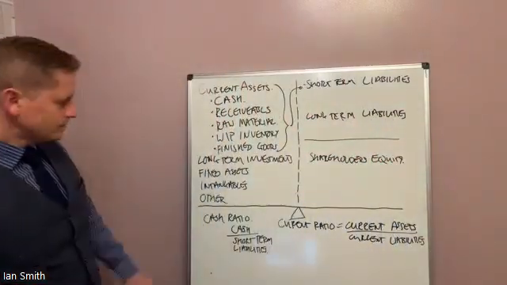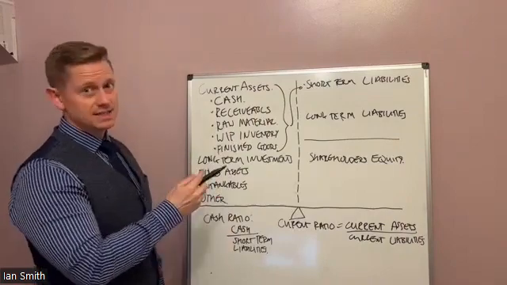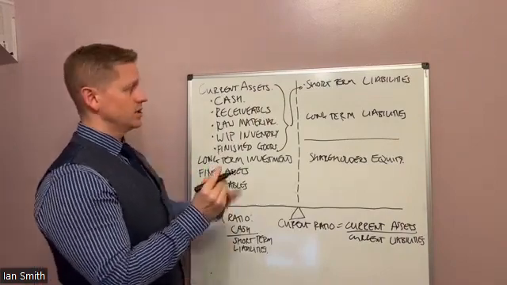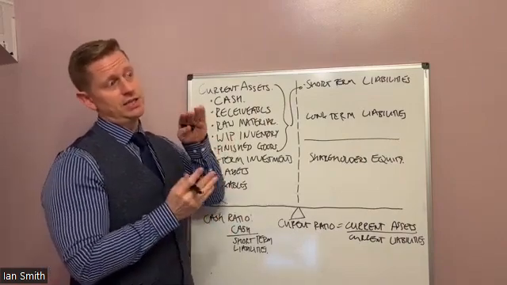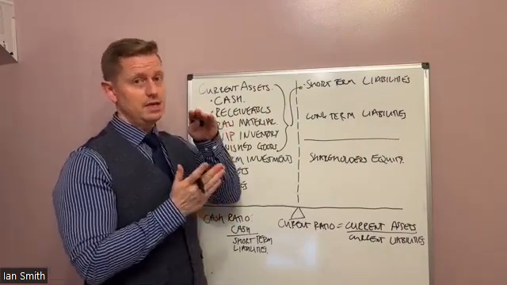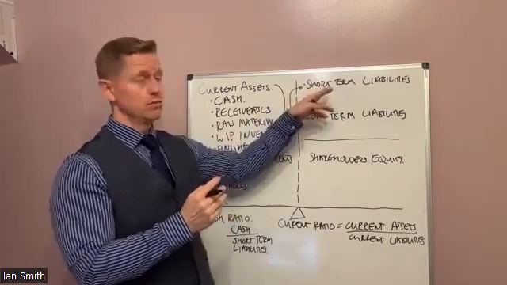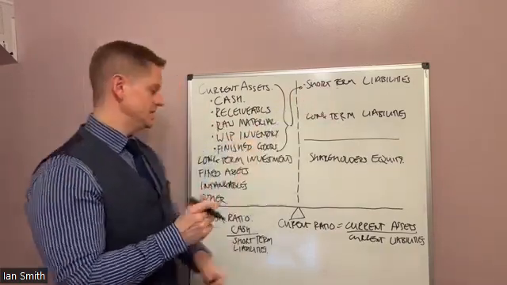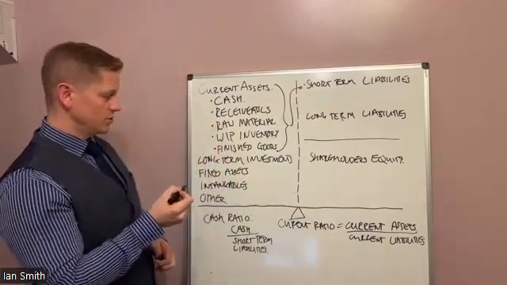Okay. Now, what we're going to look at is the acid test. So it's called a quick ratio because it essentially looks at the cash that the business can get quickly to satisfy short-term liabilities. And I've alluded to the quick ratio before as well.